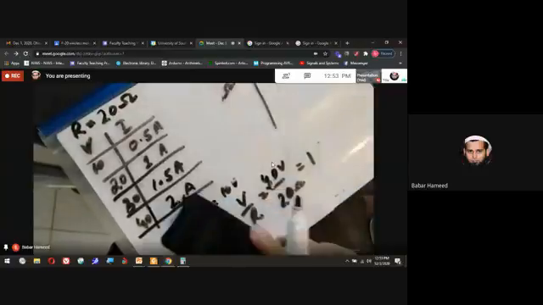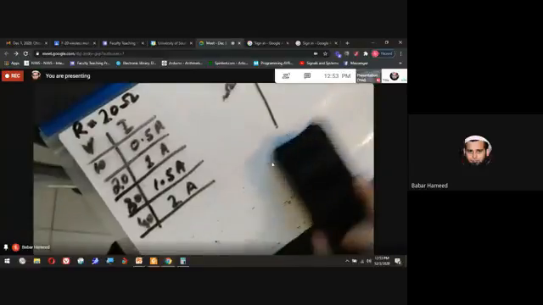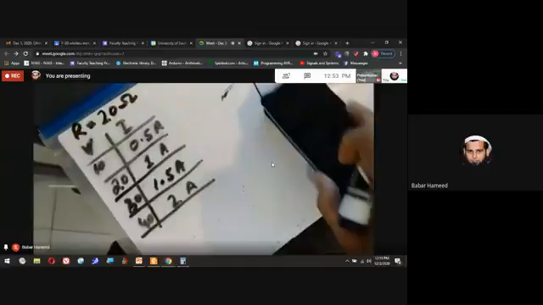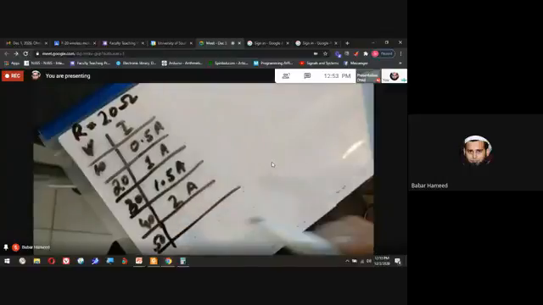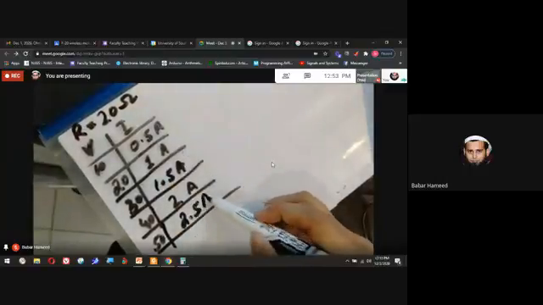And for the last value, if I make it 50 and resistance is 20, it will be 2.5 ampere.